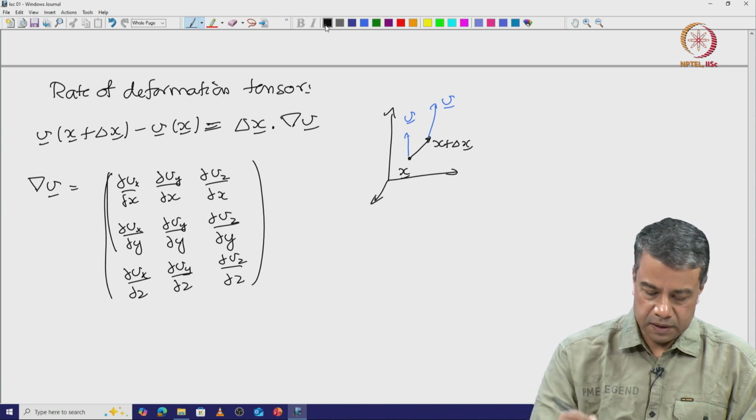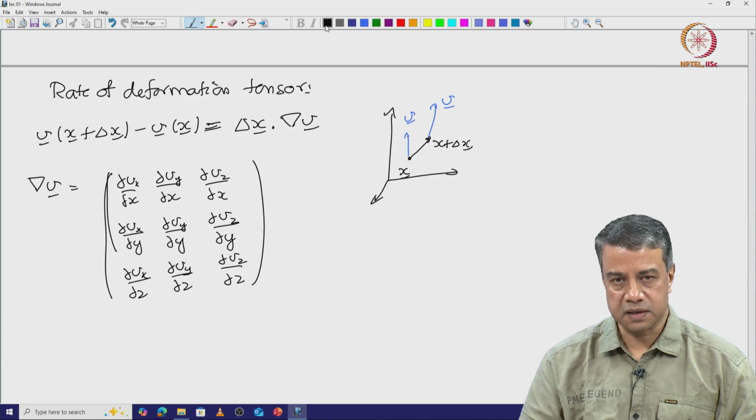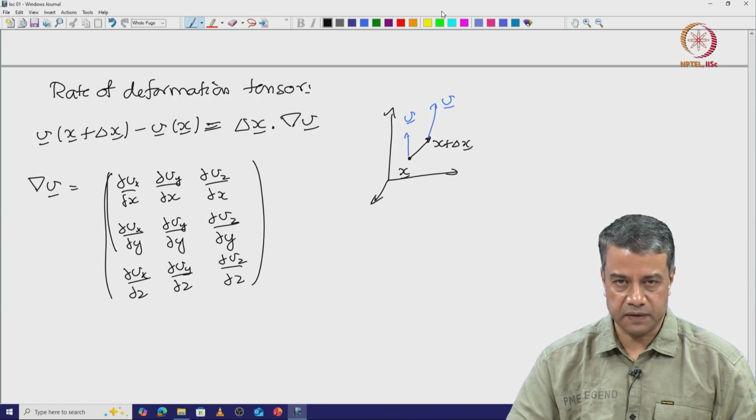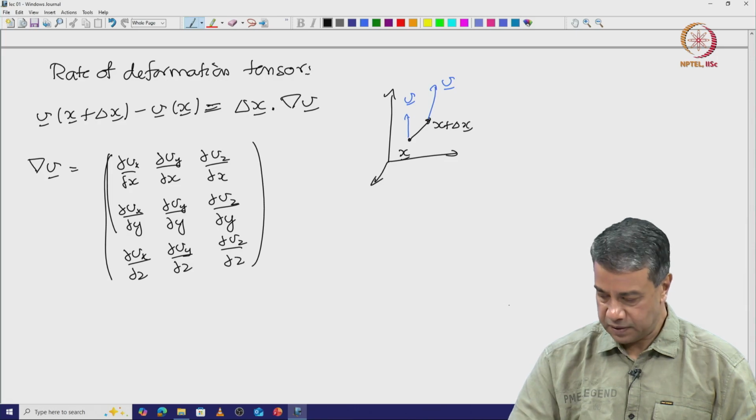We said this is a second order tensor. Of course, I have omitted the row of unit vectors before and the column of unit vectors after. It is understood that they are present.